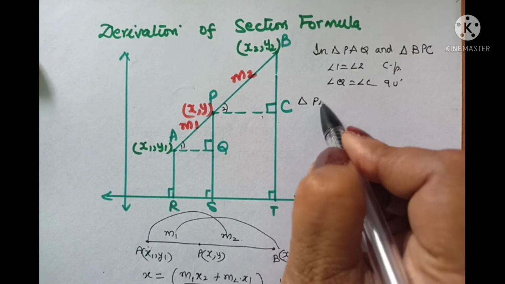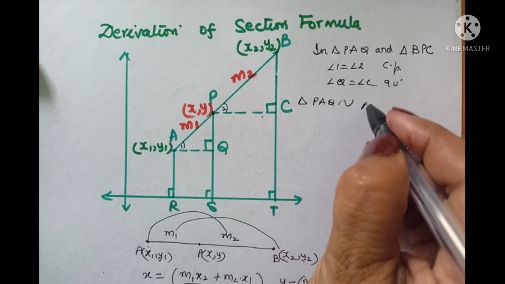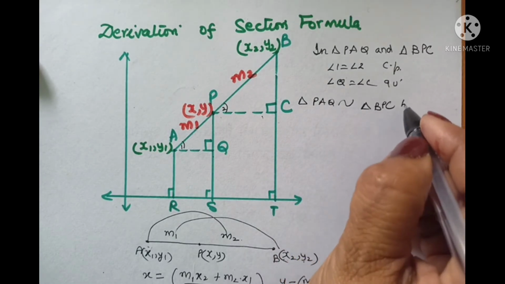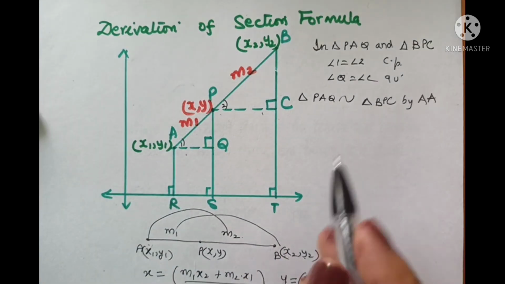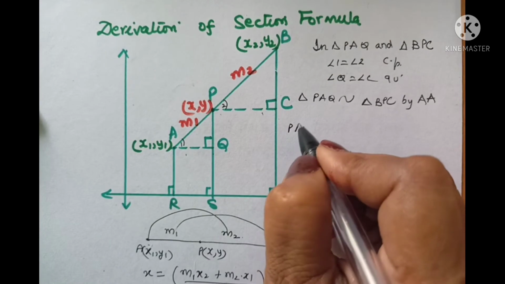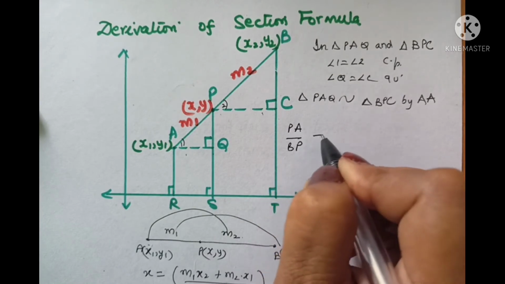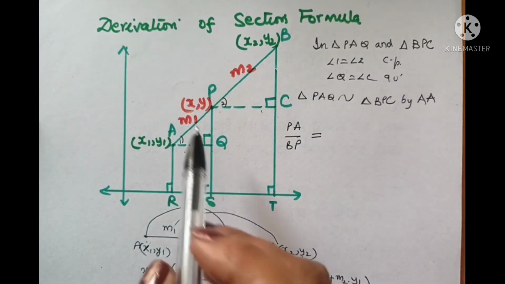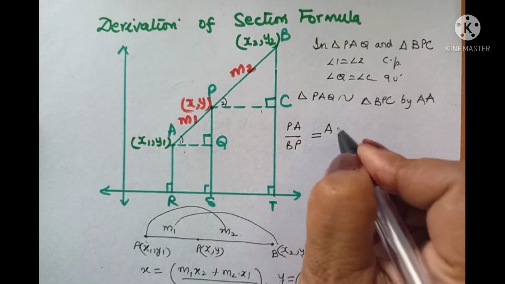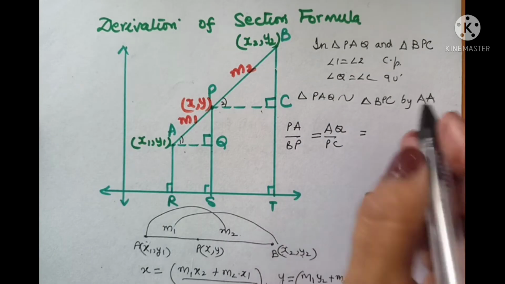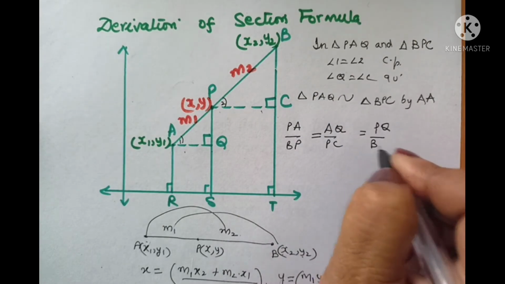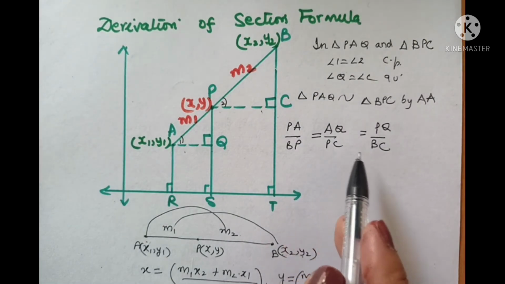So, triangle PAQ is similar to triangle BPC by AA rule. So, let's write the ratio. I have PA upon BP is equal to AQ upon CP is equal to PQ upon BC, right? So, sides are proportional to each other.